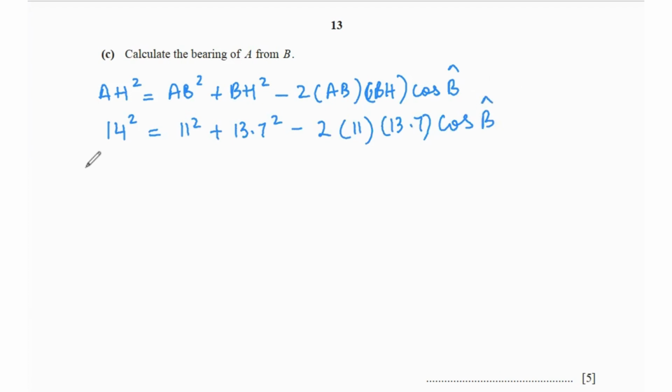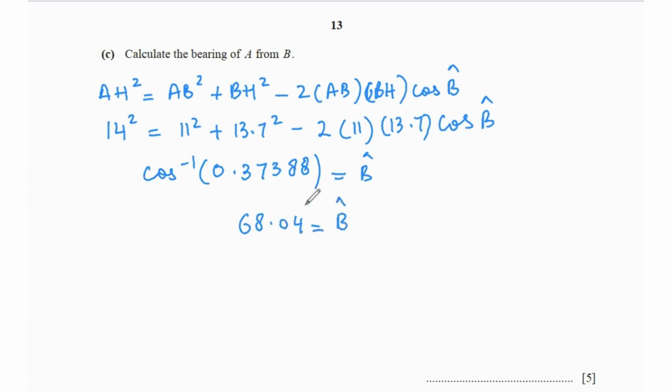So cos B equals 9 squared minus 11 squared minus 13.7 squared, divided by negative 2 times 11 times 13.7, which is 0.37388. So cos inverse of 0.37388 is going to give us 68.04 degrees. That is angle B.